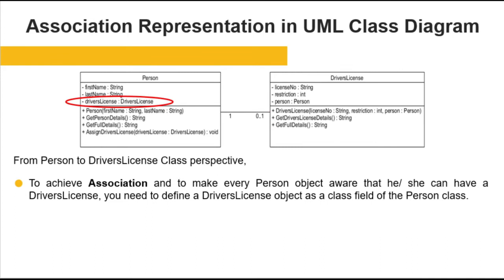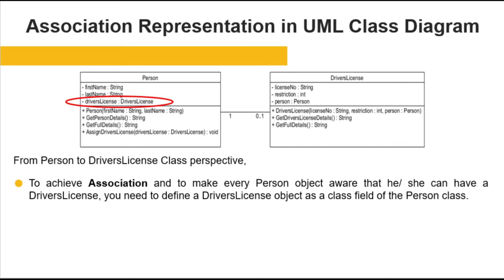Next, to achieve association and to make every person object aware that he or she has a driver's license, you need to define a driver's license object as a class field of the person class.